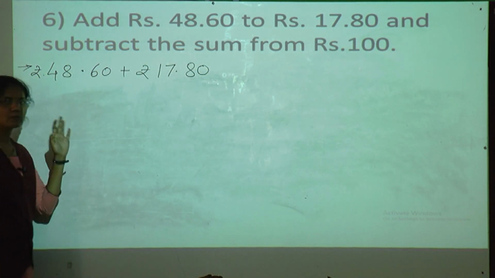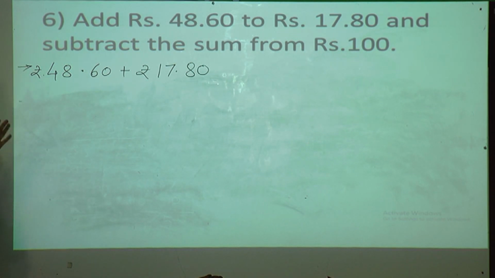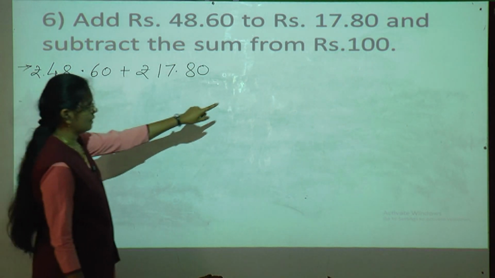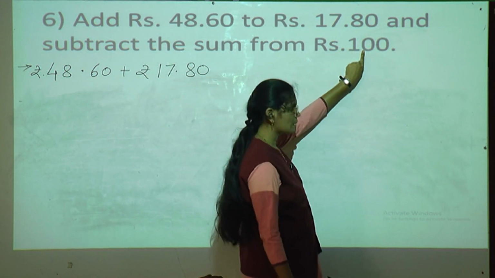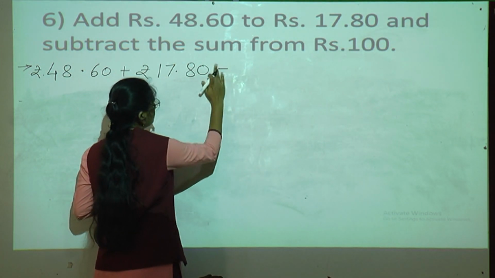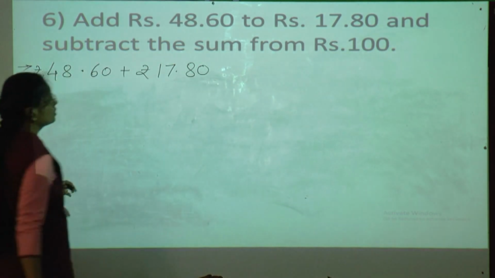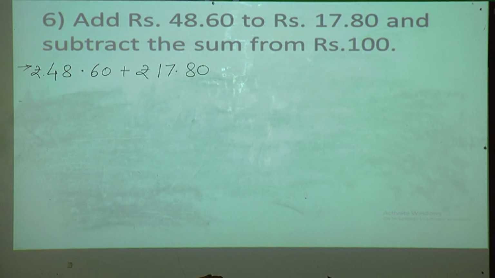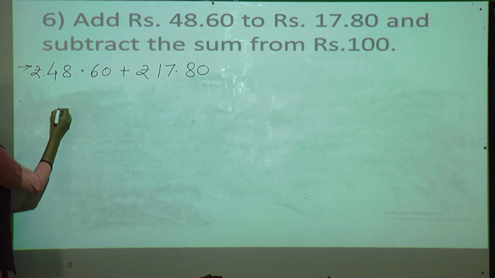Okay, then after addition, whatever answer we get, that sum we have to subtract from the 100. So after the sum we will do the subtraction. First we will do the addition. Okay, so let us do the addition.